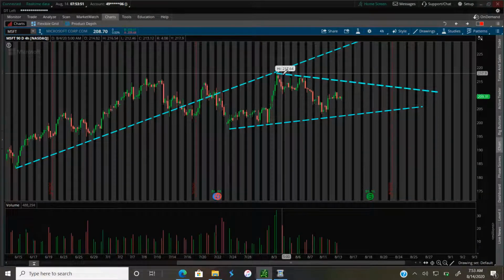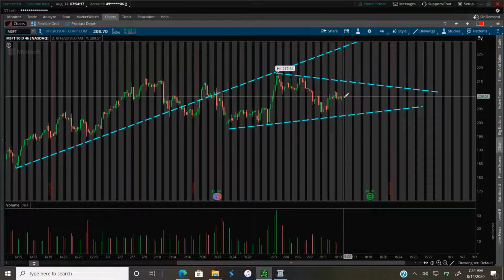Look at this pattern. We're here, we held support, held support, held support. We come up, reject resistance, we come back down, holding support. So it's going to range here. Now if you look to the reference section, you're going to see the patterns. This is a pattern.